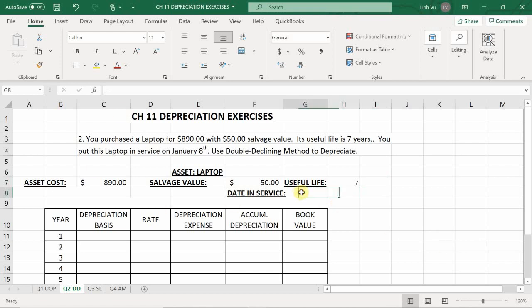And the date that you placed into service was January 8th. Okay. So therefore, if it's January 8th, and assuming that we are depreciating it each year, right? That means January all the way to December is going to be one full entire year. Okay, so there's no partial years that you have to focus on here.